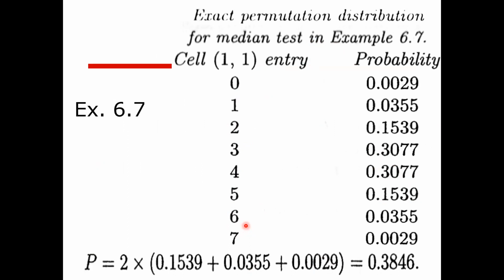When A equals 7, the two-tail p-value is still below 0.05, so we can reject the null. But when A equals 6, the two-sided probability is already exceeding 0.05.